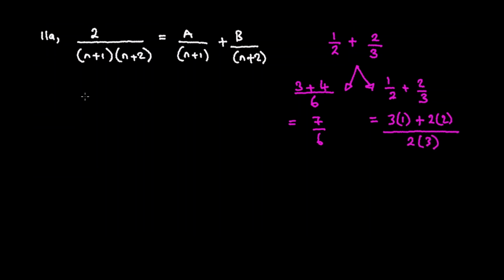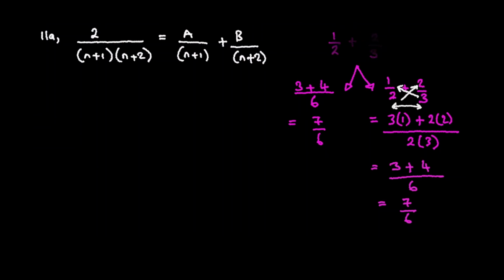If you followed what we did here, we started with 3 times 1, then 2 times 2, and finally 2 times 3 as the denominator. Let me show you that we come to the same answer. 3 times 1 is 3, plus 2 times 2 is 4, over 2 times 3 is 6. So we are coming to 7 over 6 as before. So this is the principle we want to apply above.